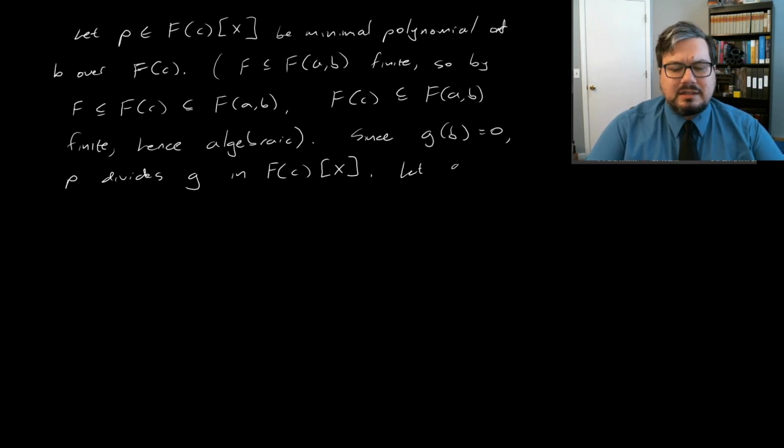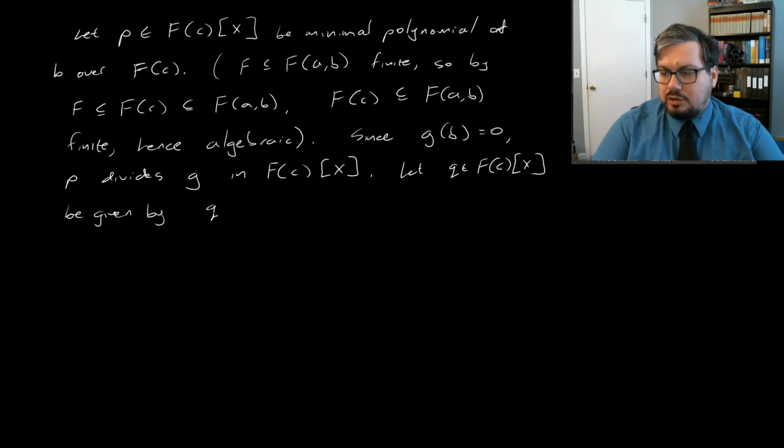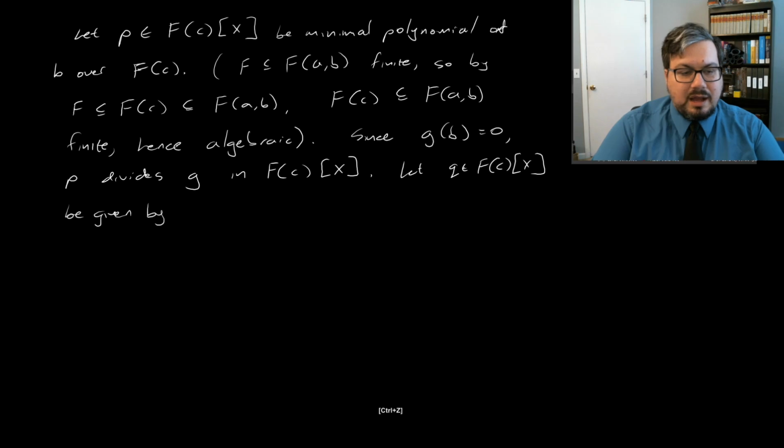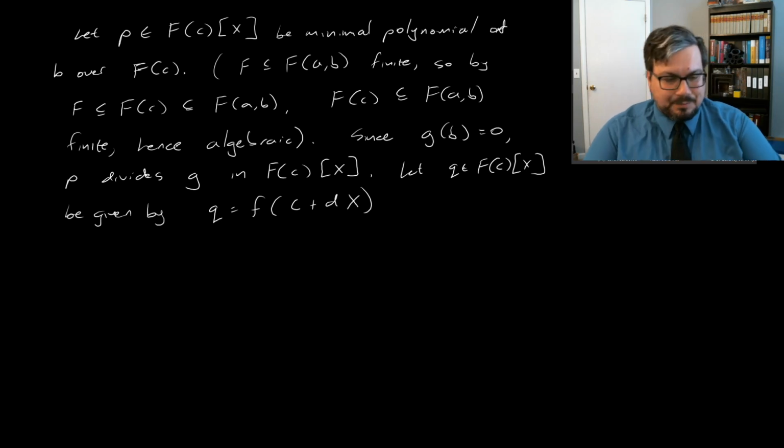Now let's define a new polynomial. Let q be in the ring f of c adjoin x, be given by q of x is equal to f of c plus dx.